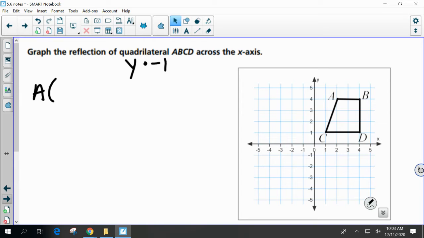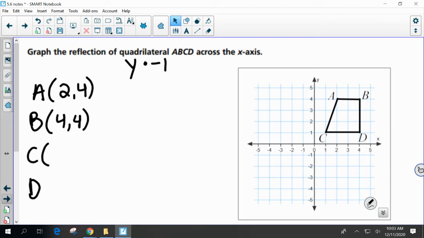A is 2, 4. And then B is 4, 4. C is 1, 1. And D is 4, 1.